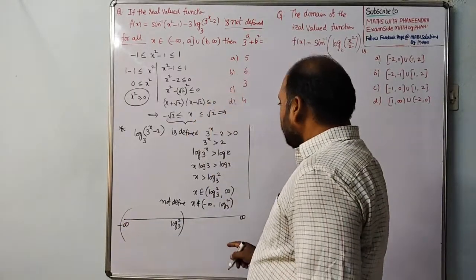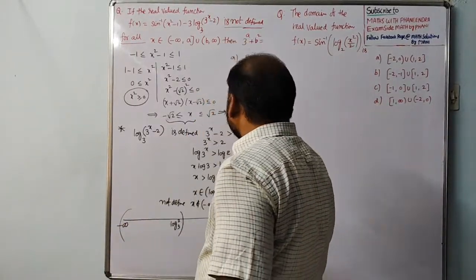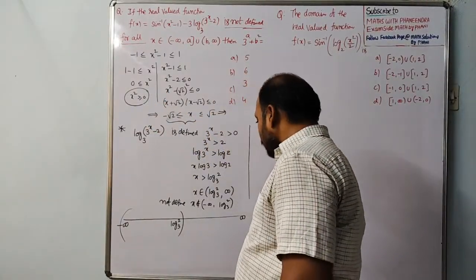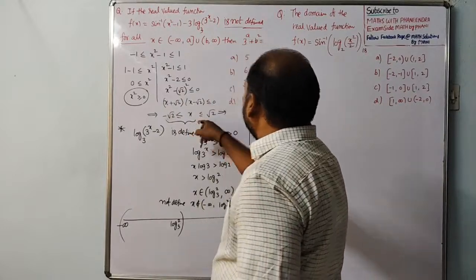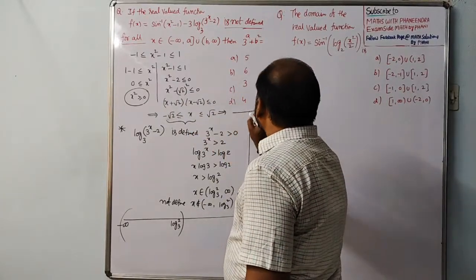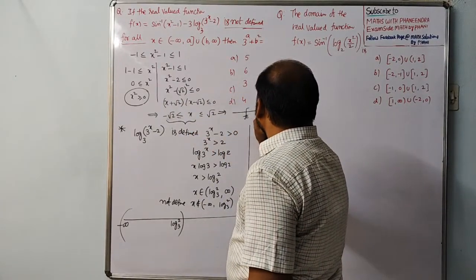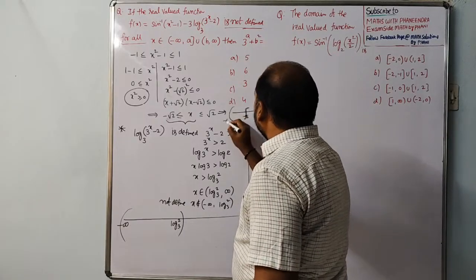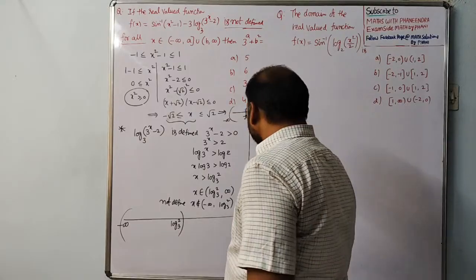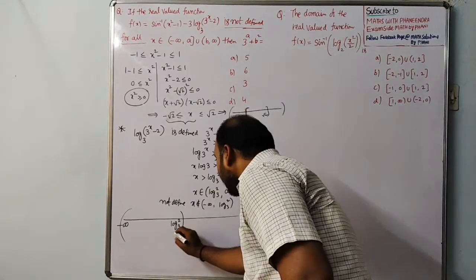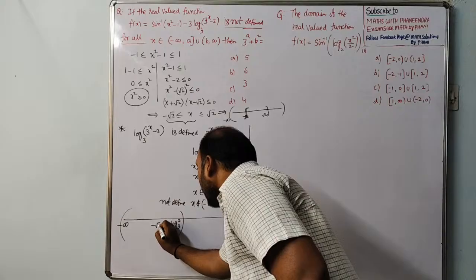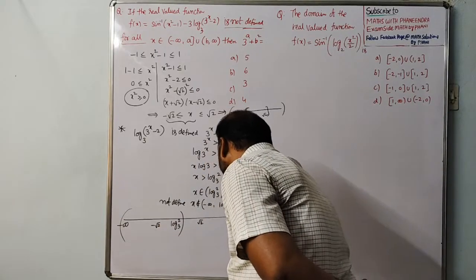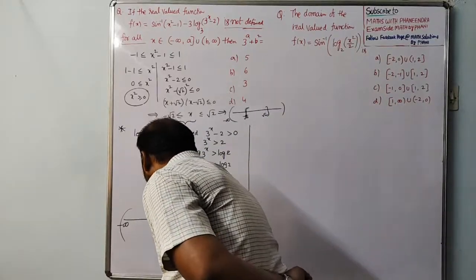Next, from where to where will it be? x is greater than 0 means from root 2 to, we can consider these values as defined. So x values minus root 2 to plus root 2 are defined now. Not defined from where to where? Minus infinity to open, here only I will write it, minus root 2 to plus root 2.